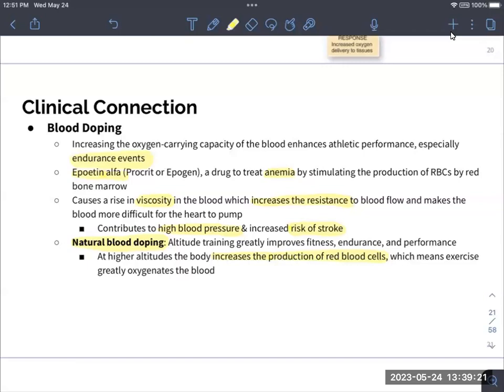This is known as natural blood doping. I know a lot of athletes who do that have moved to Colorado to do that specifically. Then they come run races back down at sea level, and they're magnitudes ahead of everybody else because they have more red blood cells.